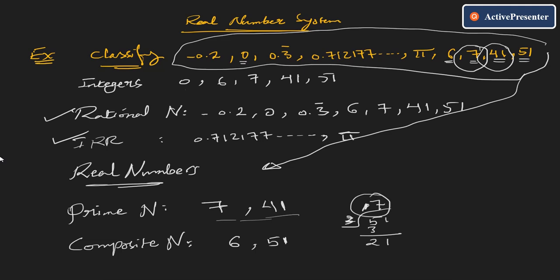So it is a composite number. It can be divided by 3. So be careful about the numbers. Try to divide as much as you can, if you don't have a calculator, of course, in the exam, to check if it is composite or prime. Prime, you cannot divide it by any other number.